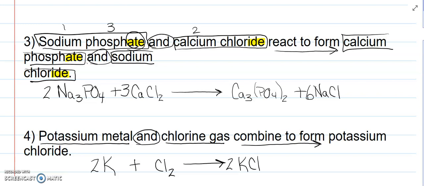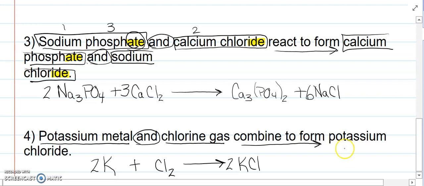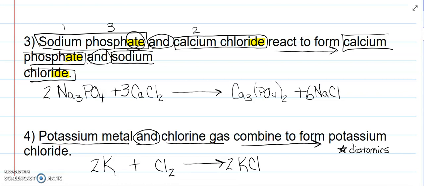In number 4, remember your diatomics. Diatomics are key, and they're a common mistake that students are going to make. So you really want to be careful because you will run into diatomics very frequently. All right, so try a few of these on your own and see how you're going to do.